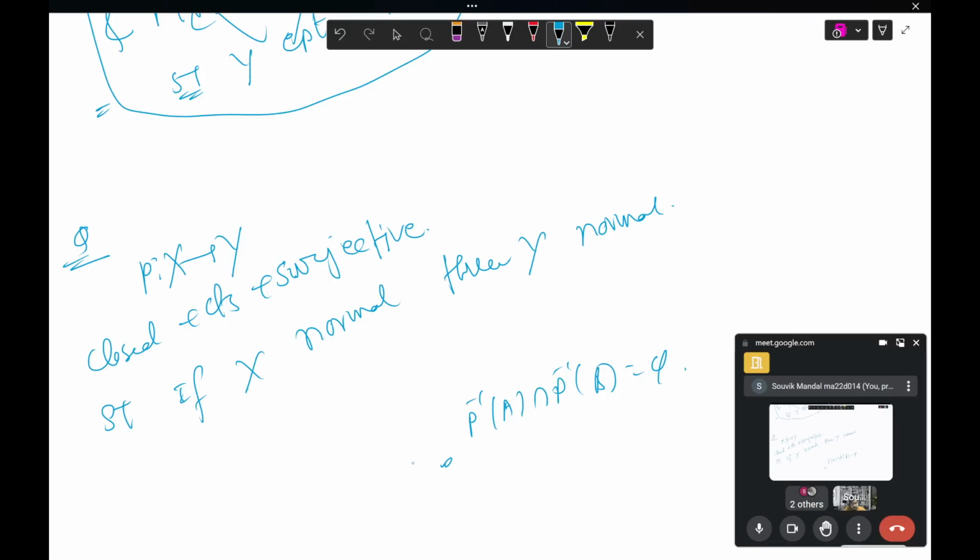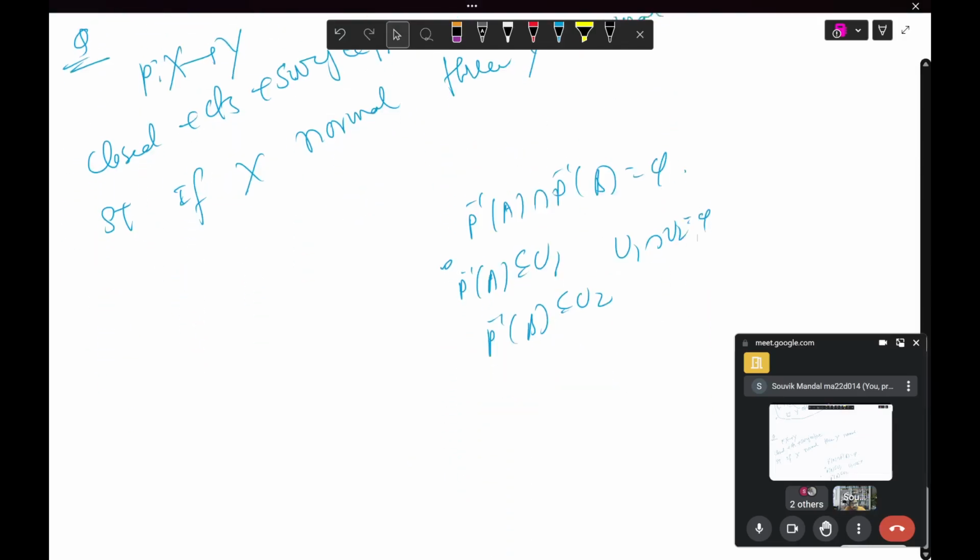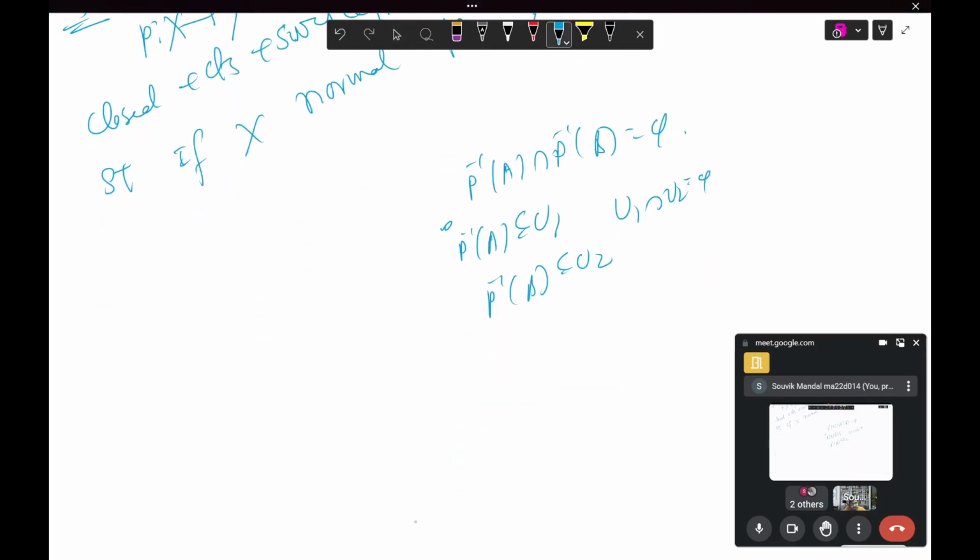By normality of X, we get two disjoint open subsets U and V, with p inverse A a subset of U and p inverse B a subset of V. So p inverse A subset of U will imply A is a subset of p of U and B is a subset of p of V.